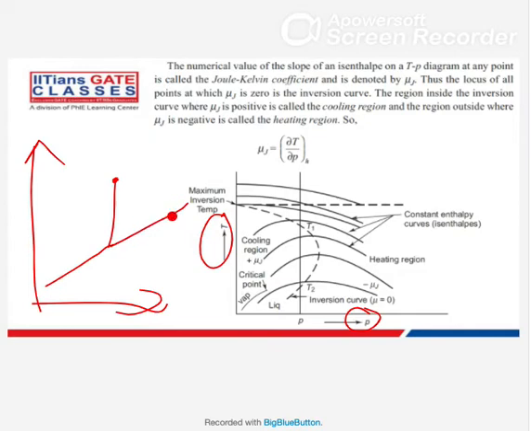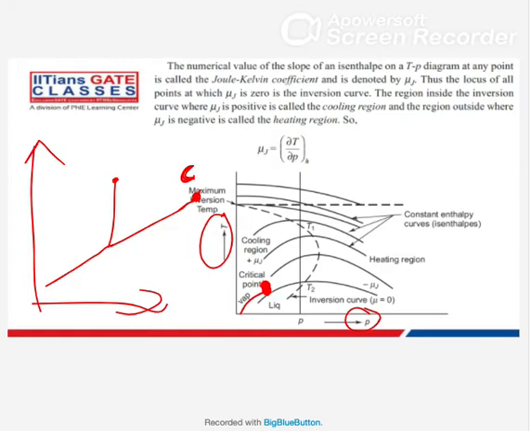So three curves are there, and in the vaporization curve only we had this critical point. Remember, we have this critical point in the vaporization curve.